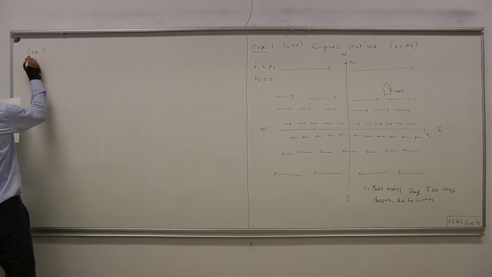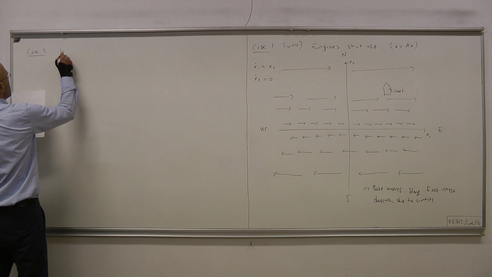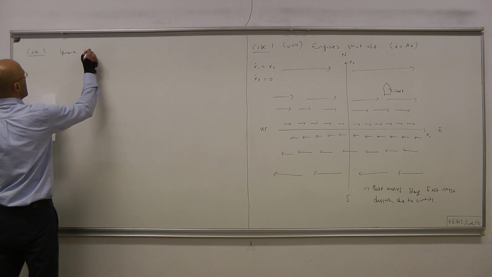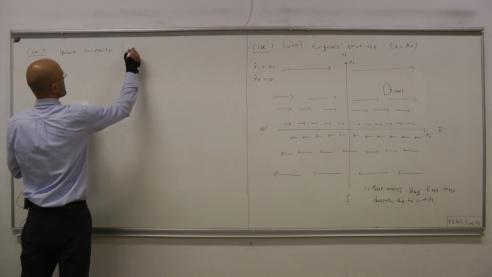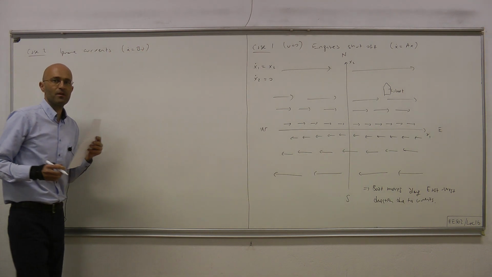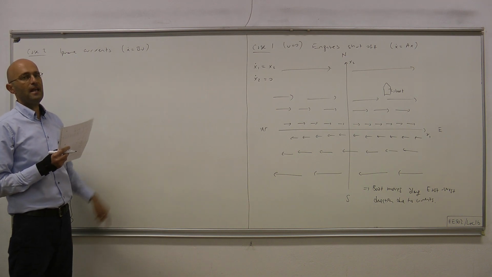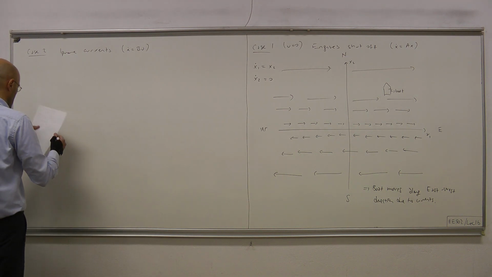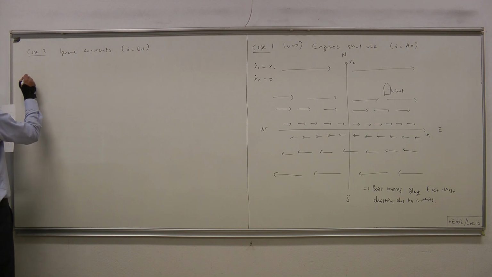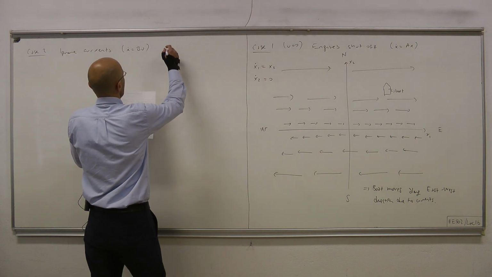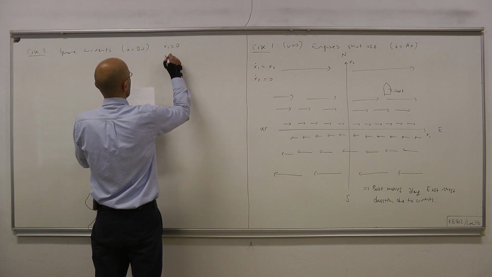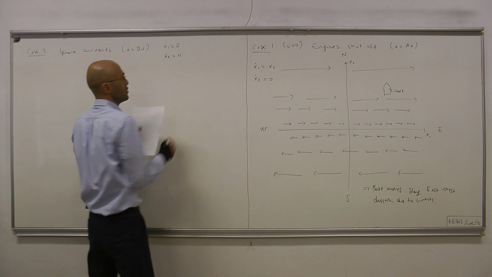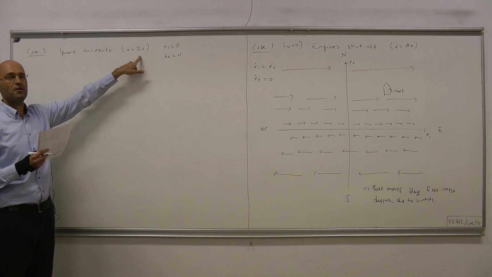Case 2, ignore currents. Okay, so this time we have velocity determined only by the engine, equals Bu. So in that case, what we have is x1 dot equals 0, x2 dot equals u, because the B matrix was 0, 1.